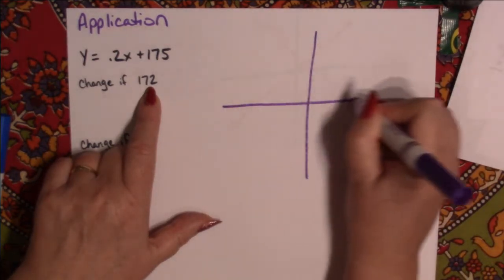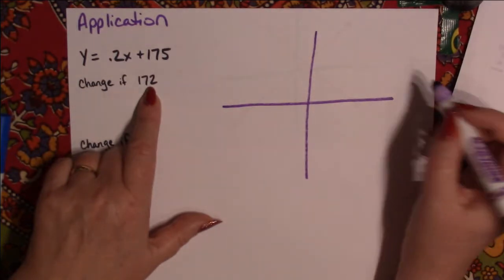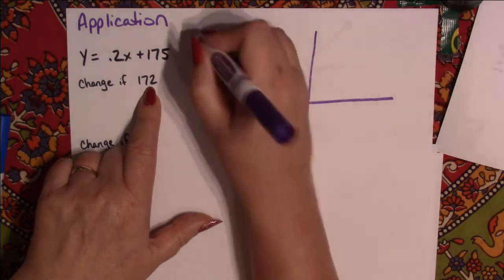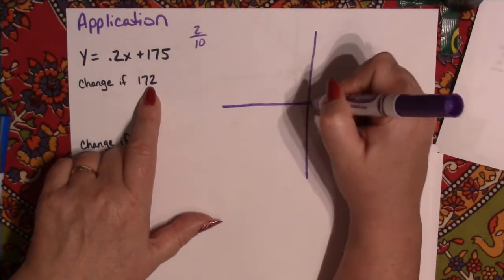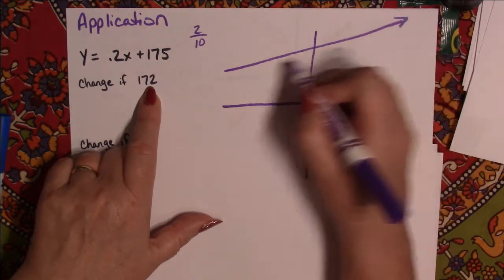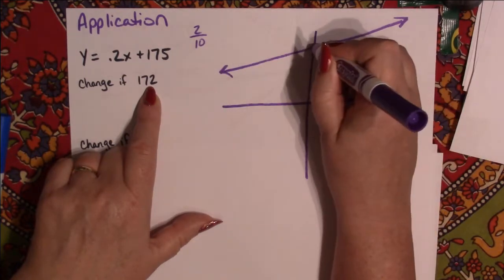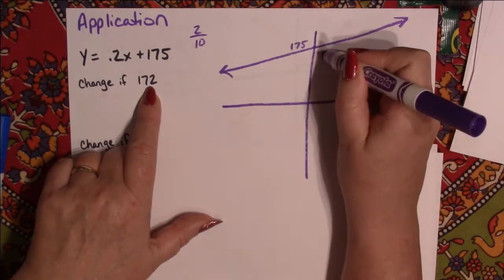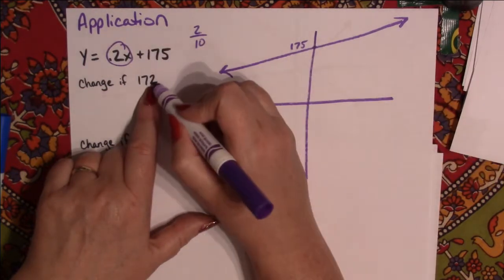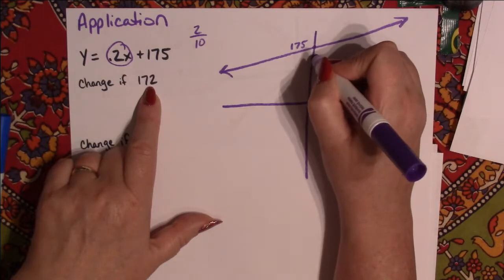So, if we start with a graph that starts at 175 and it goes up 2/10, because that's really 2/10, that line is going to look like this, starting at 175, and now this stays the same, but we're moving it down to 172.